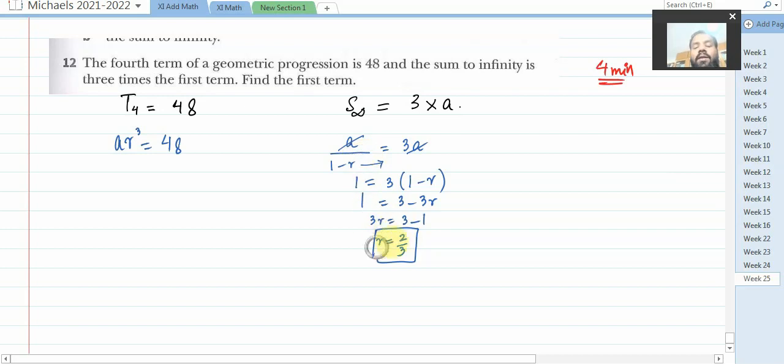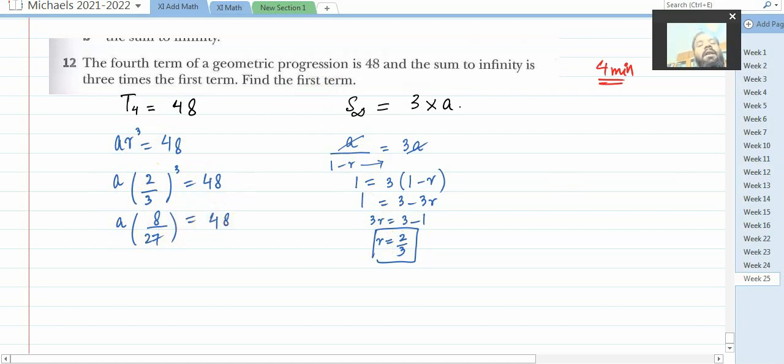So with a simple method to solve the sum to infinity working formula, you can easily find the value of r. You need to find the first term, and you have the equation ar cubed equals 48. The value of r we have is 2 over 3. So a times 2 cubed, which is 8, over 3 cubed, which is 27, equals 48.